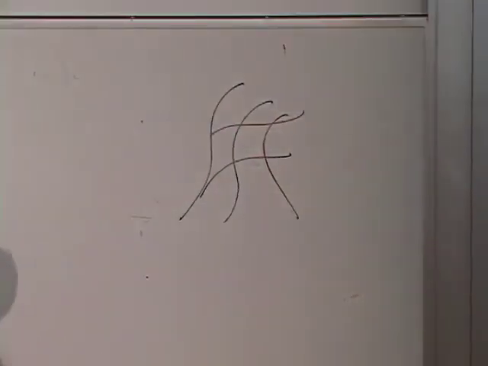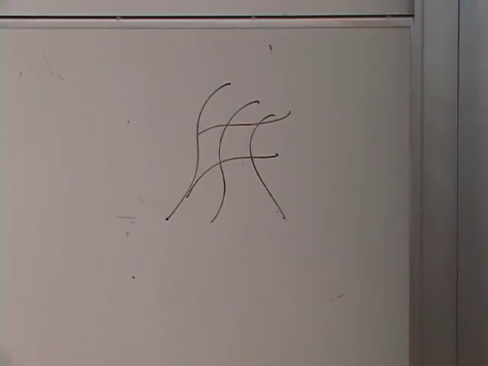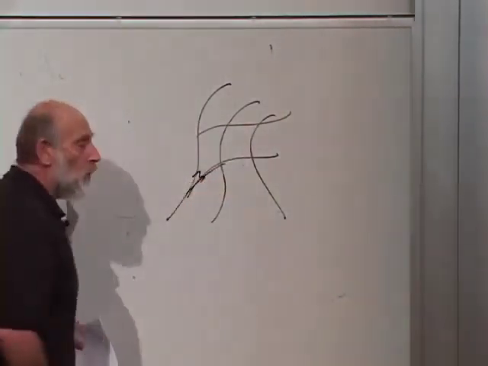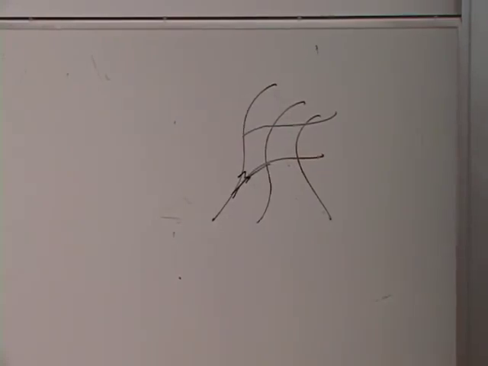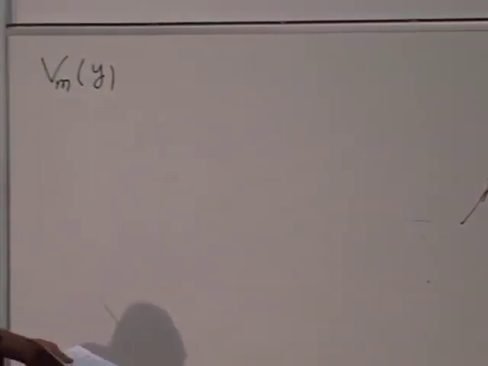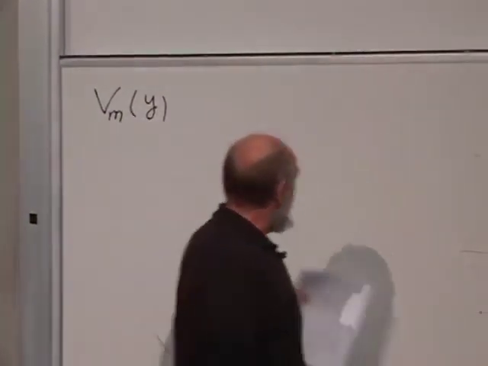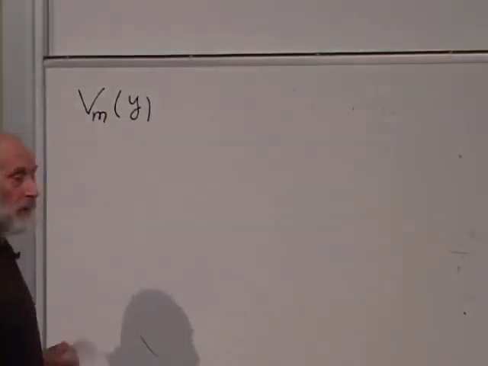Not only do I think of them as functions of y, but I also think of them as the components, the covariant components, relative to the coordinate axes defined by the y-coordinates. Okay. So this is v sub m in the y-coordinate system, both with respect to its components and with respect to what it depends on, y.